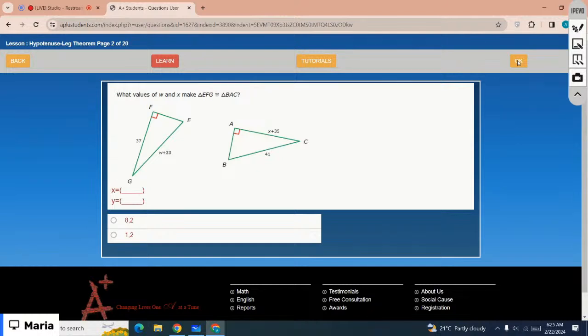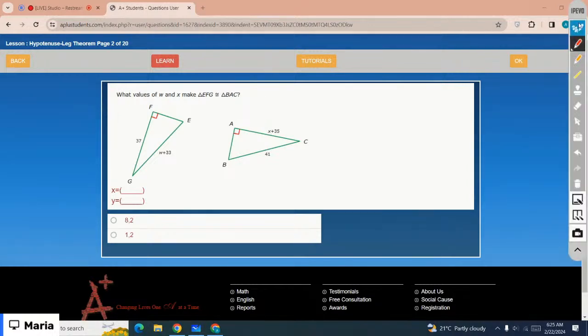Okay, what values of W and X make triangle EFG and triangle BAC congruent? Which is the correct option? So FG is congruent to AC, right?